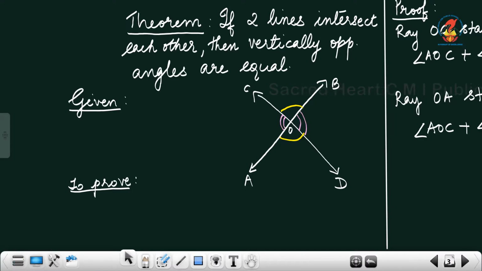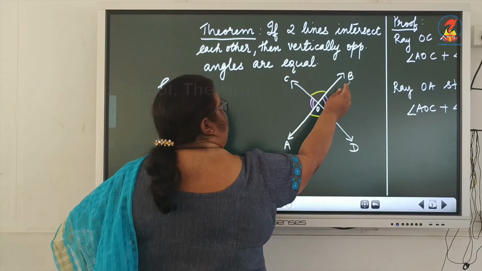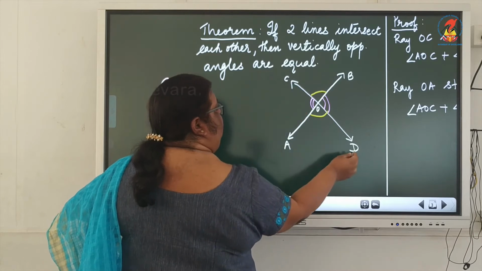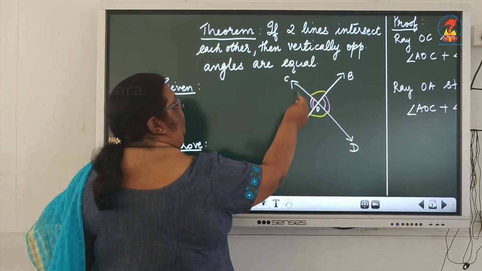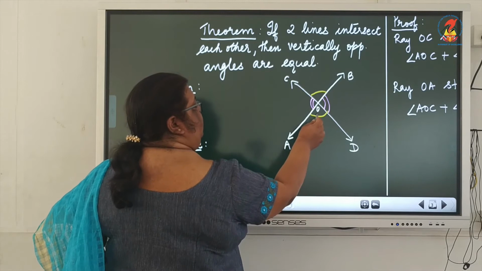Then there is a theorem. First I will read out the statement. If two lines intersect each other, then the vertically opposite angles are equal. Here you can see two lines, line AB and line CD. Now when these two lines intersect, where do they intersect?